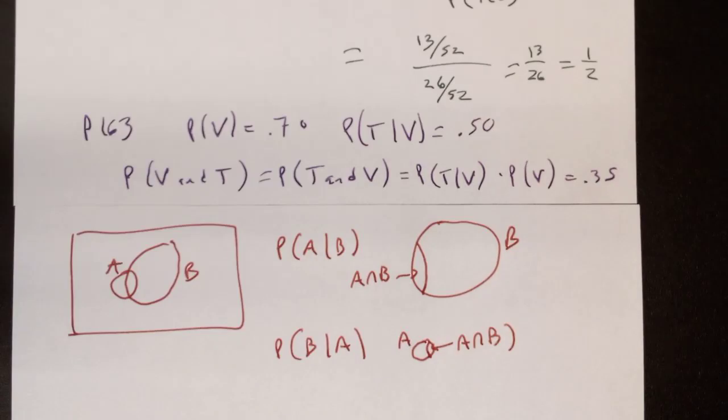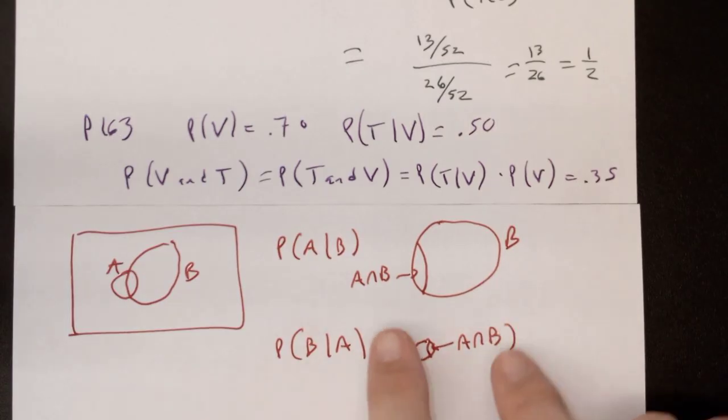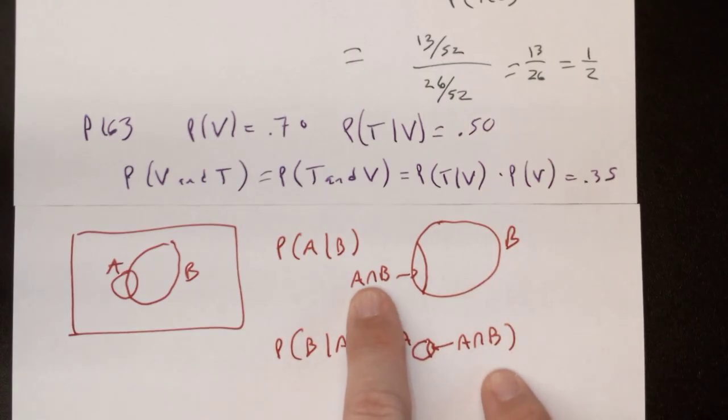So it's going to make a big difference to what I'm dividing by, right? In this case I'm dividing by a smaller number because I've drawn them so out of scale to one another. So yeah, it really does. But on there we wrote P of V and T equals P of T and V, because the word and is different than the word given, isn't it? Isn't this the same whether I write it as A intersect B or B intersect A?